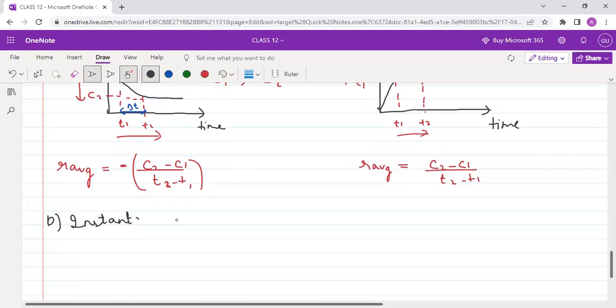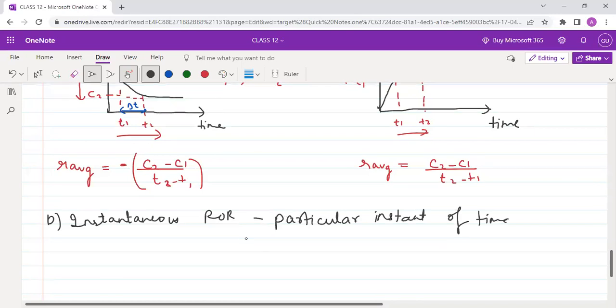So if the rate of reaction is calculated at a particular instant of time, it is called instantaneous rate of reaction. And if we talk about a fixed interval of time, it will be called average rate of reaction.